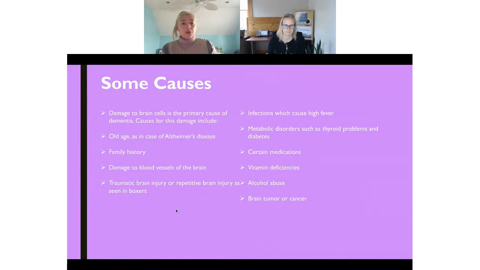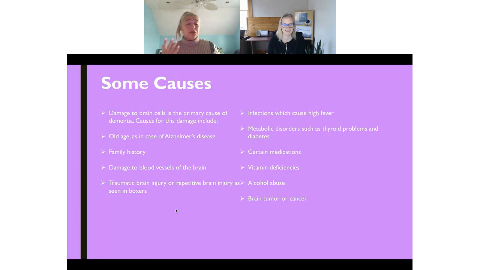So some causes, I know this does go into my third segment, but I will touch upon it briefly now. Damage to brain cells is the primary cause of dementia. Could be old age in the case of Alzheimer's disease, family history, it is hereditary, damage to blood vessels of the brain, traumatic brain injury, or repetitive brain injury, as seen in boxers, which isn't comforting because I did just start boxing.